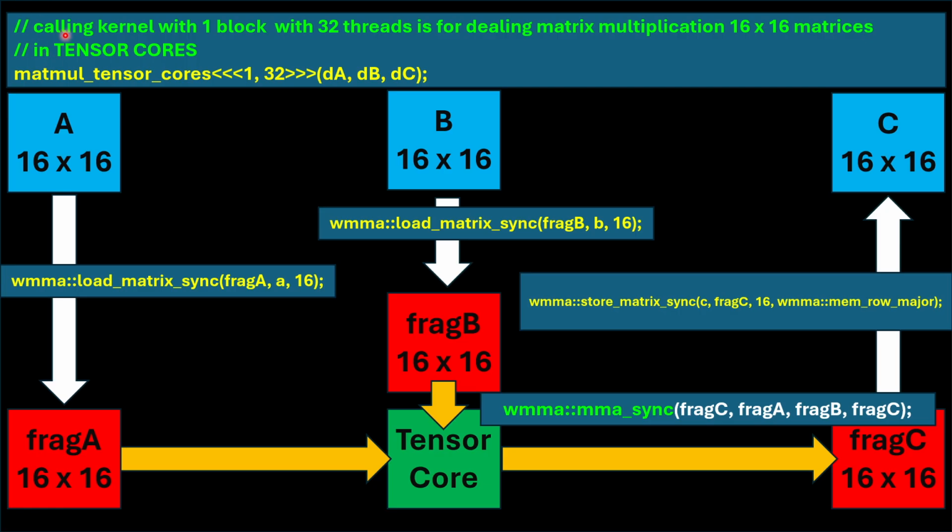Calling one kernel, this is what's happening in global. Besides the thread and instructions executed on the tensor core, we also have the calling of a kernel with one block with 32 threads for dealing with matrix multiplication of 16 times 16 matrices in tensor cores.